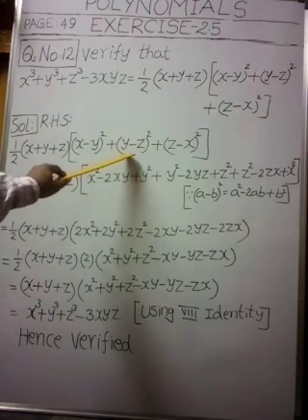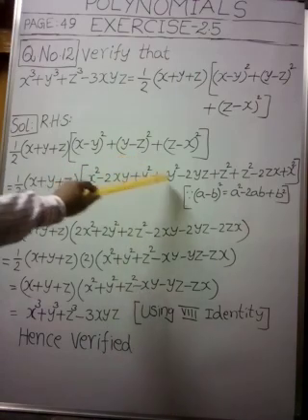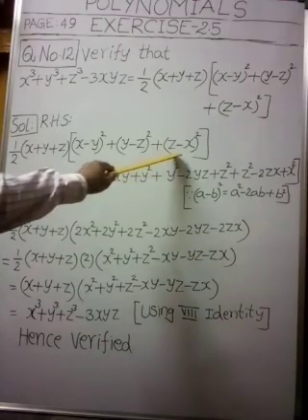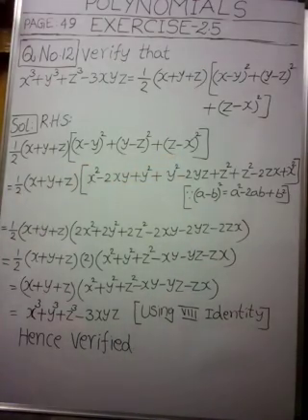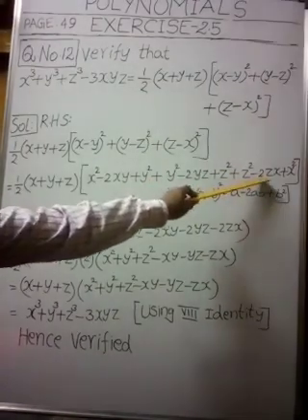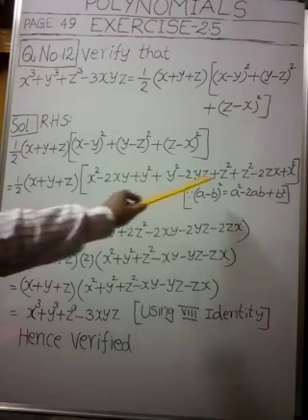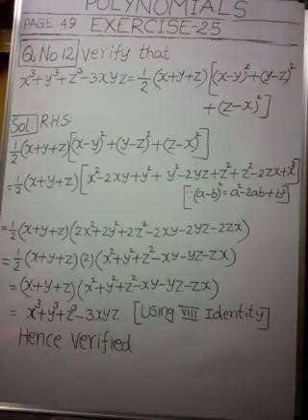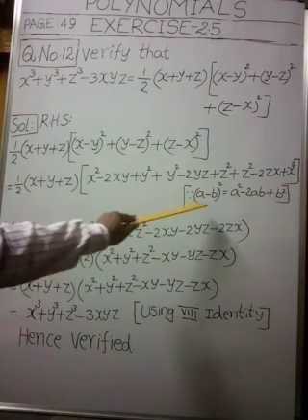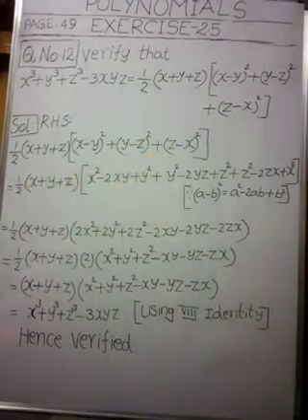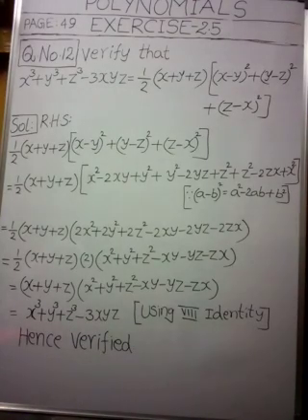By expanding, y square minus 2yz plus z square, plus the third term, we are expanding the third term. What terms do you get here? z square minus 2zx plus x square. Understood all these three terms in these square brackets, my dear children. By using this algebraic identity, we expanded each and every term. Understood this step?